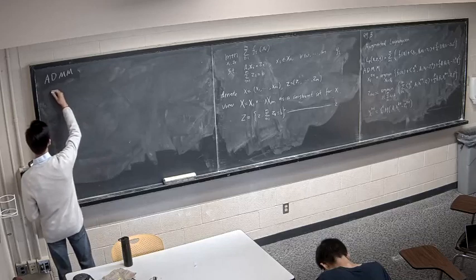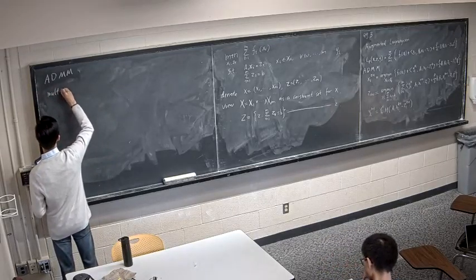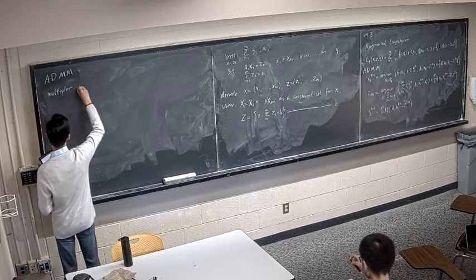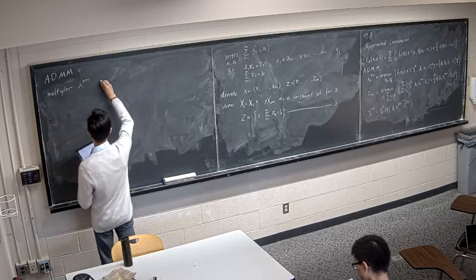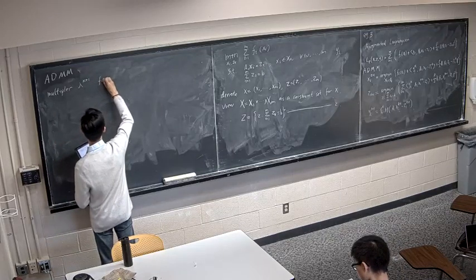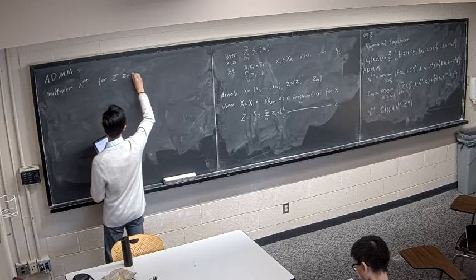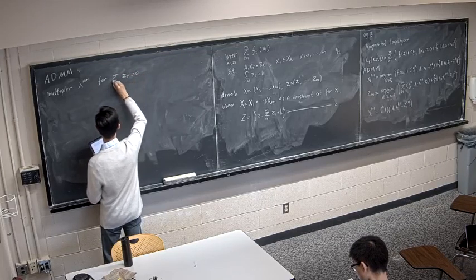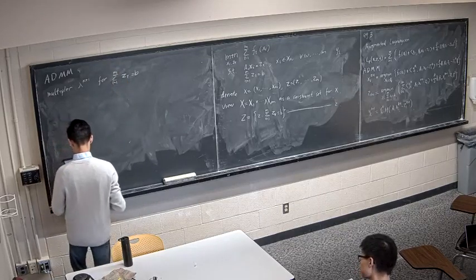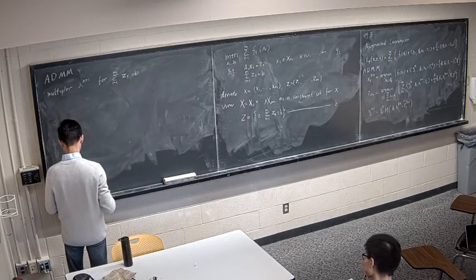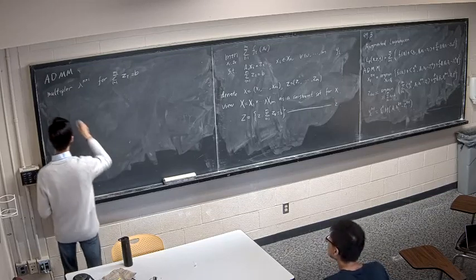Let's introduce the multiplier lambda, lambda k plus 1 for the k plus 1 update. Then let's write down the Lagrangian for the z subproblem.